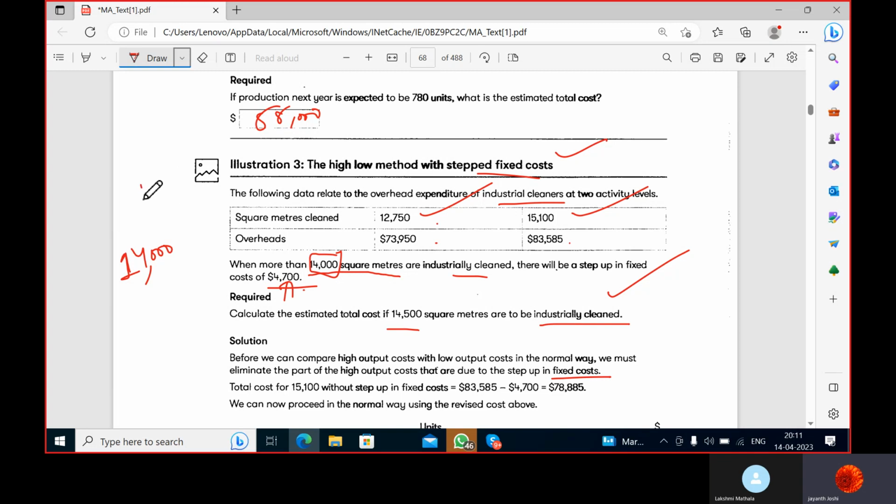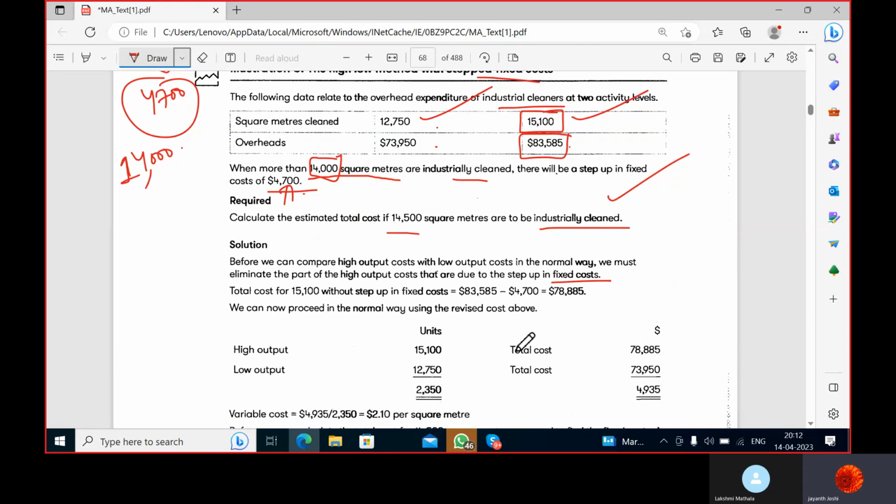The fixed cost will increase by how much? Yes, 4,700. So this is the activity which is beyond 14,000. Am I right? So we will take the overheads of this and remove the fixed cost which has increased, because that is the rule we need to follow to calculate our variable cost.